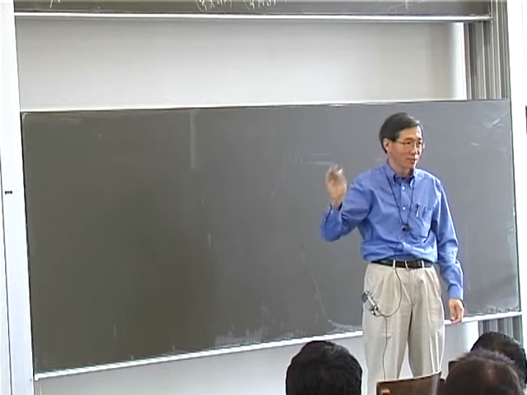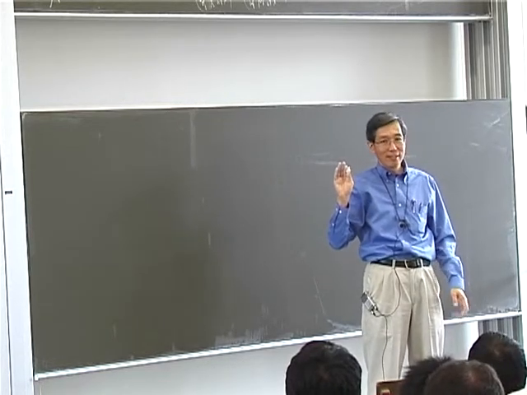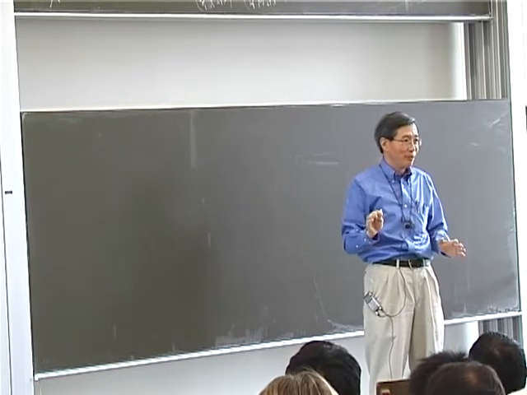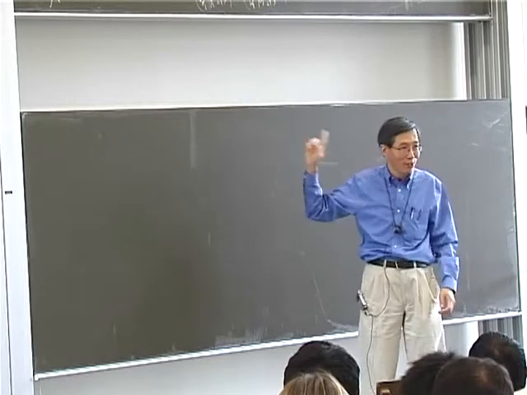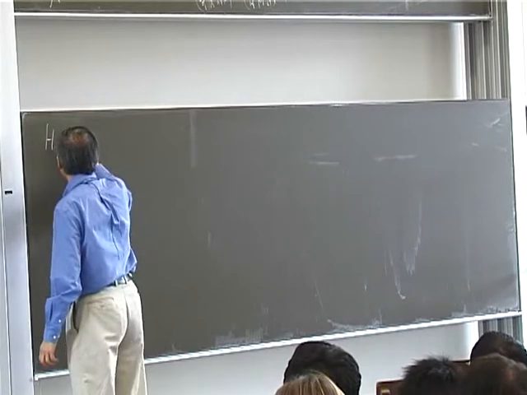I don't know how to get started. And if any one of you has any way of getting started, I would love to know. But so far, that's the only way that I know. Okay. So how to use it? We'll come back to that later.